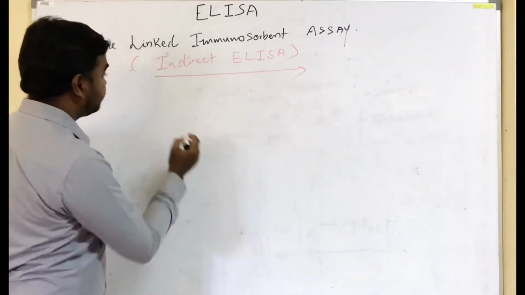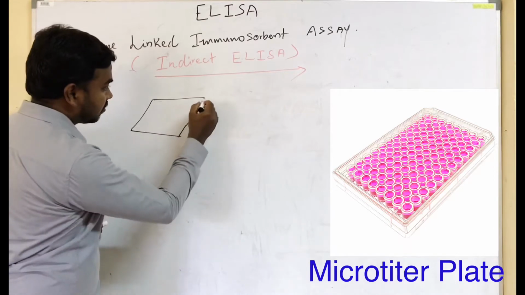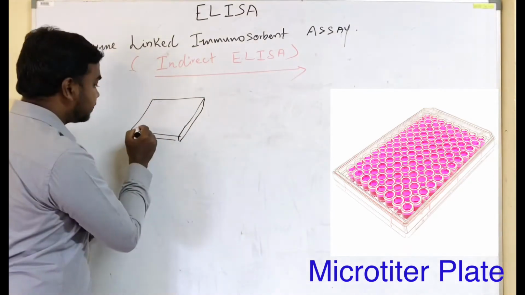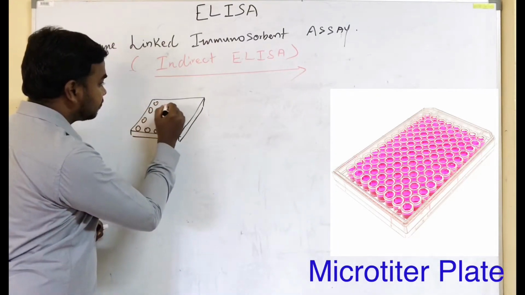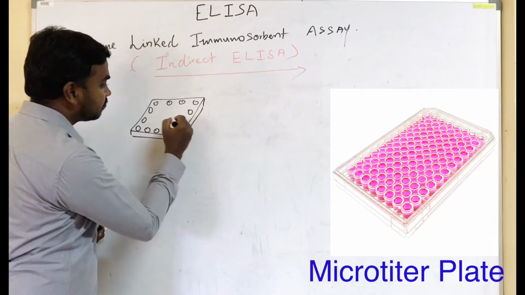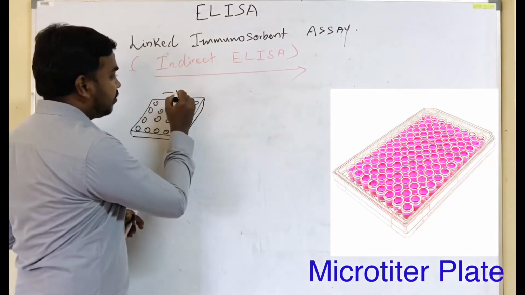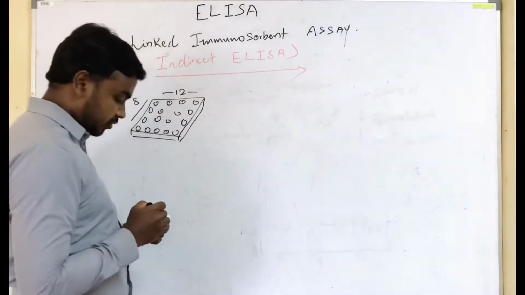I can draw it here. It has small wells. It's a rough diagram, right? On this side you can see 12 wells and on this side 8. So this is the basic idea.